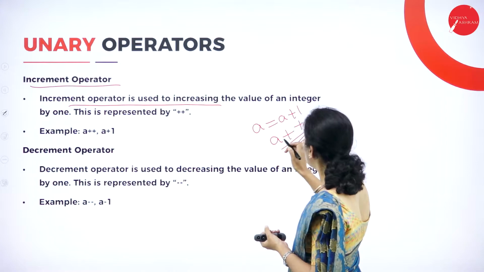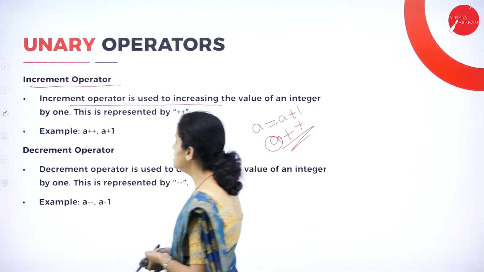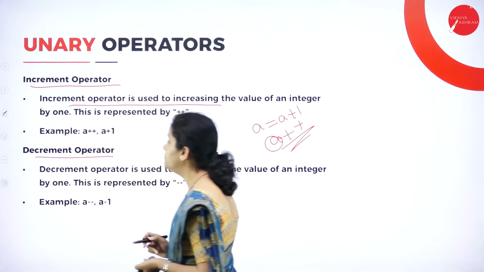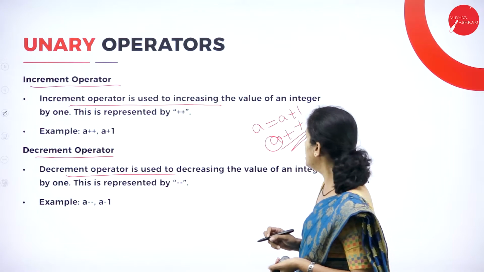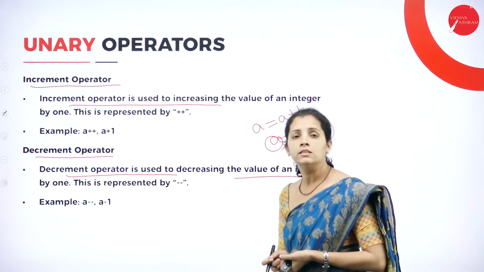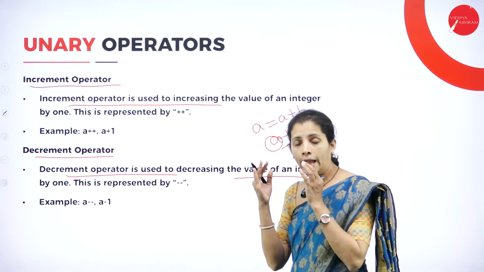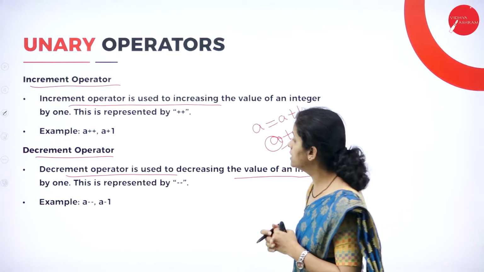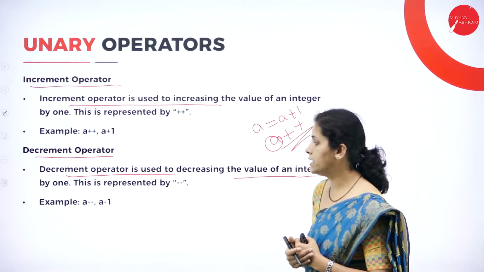This is the example for unary operator, so only one operand I'm going to have. Now, the decrement operator is used to decrease the value of an integer by 1. Suppose I want to decrease the value of any number by 1, in that situation I can use the decrement operator.